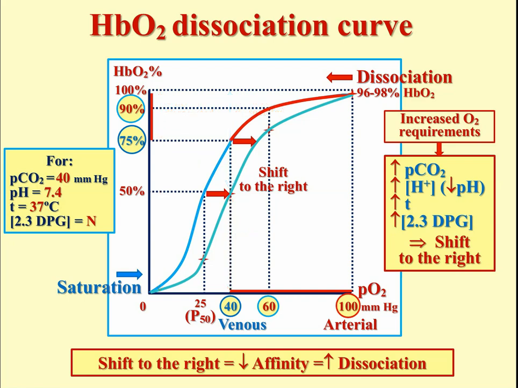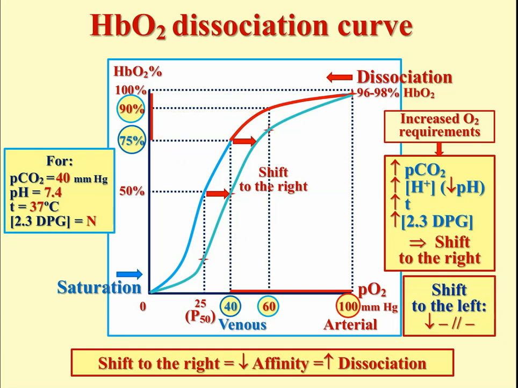And now we have also a possible shift to the opposite side, shift to the left. Factors that may produce this shift to the left are all factors directed downward.